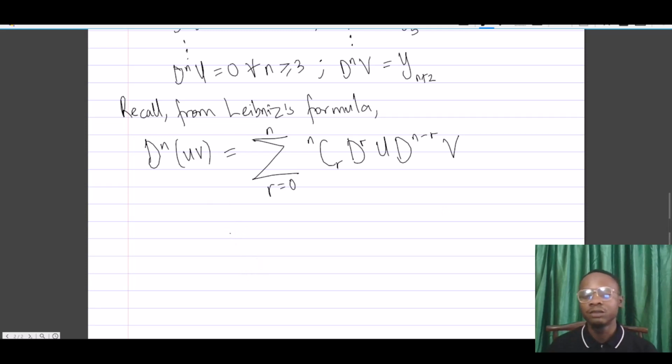So basically, we knew that the expansion would start from n combination 0, which we saw was 1.